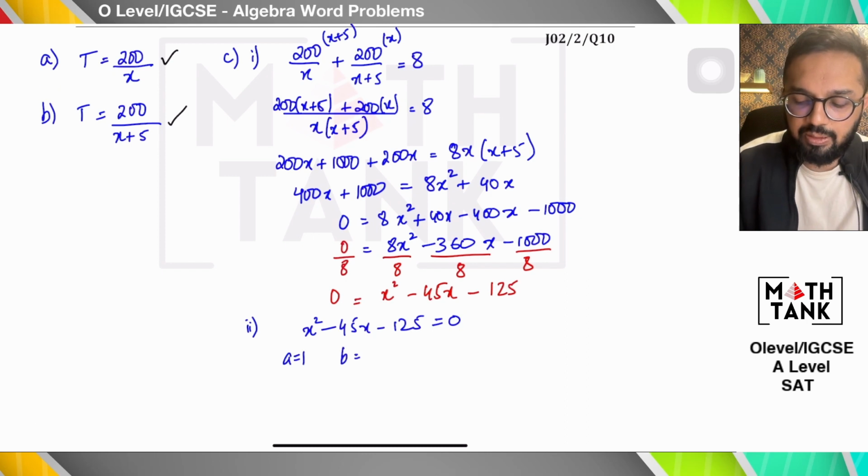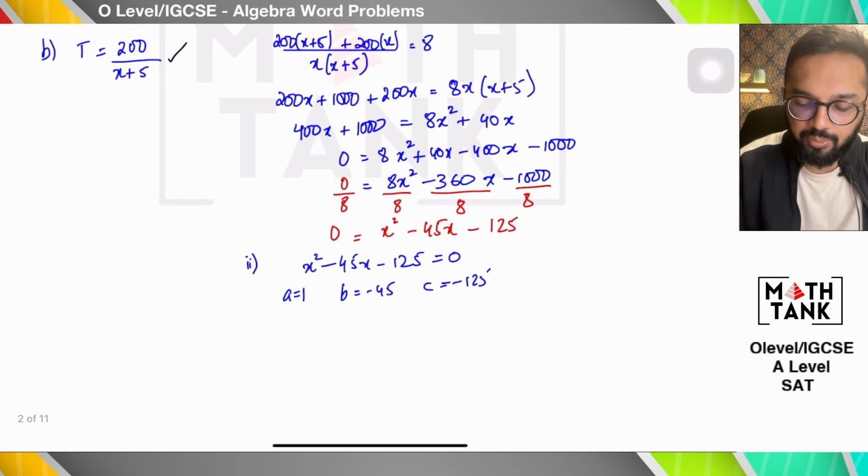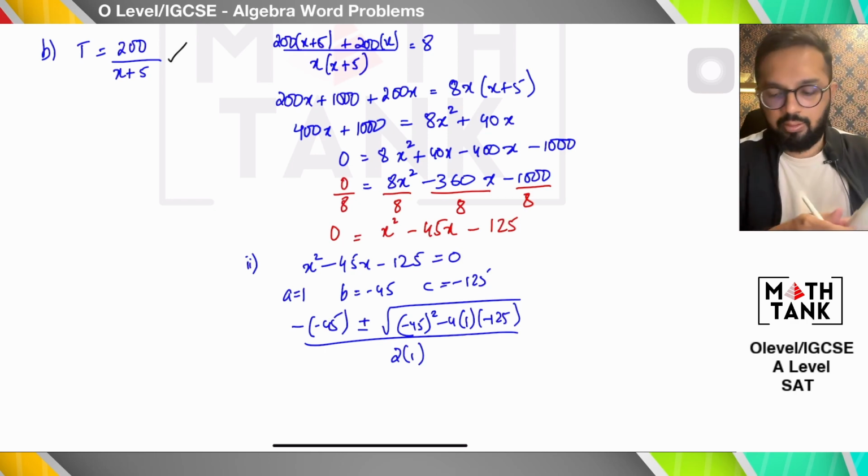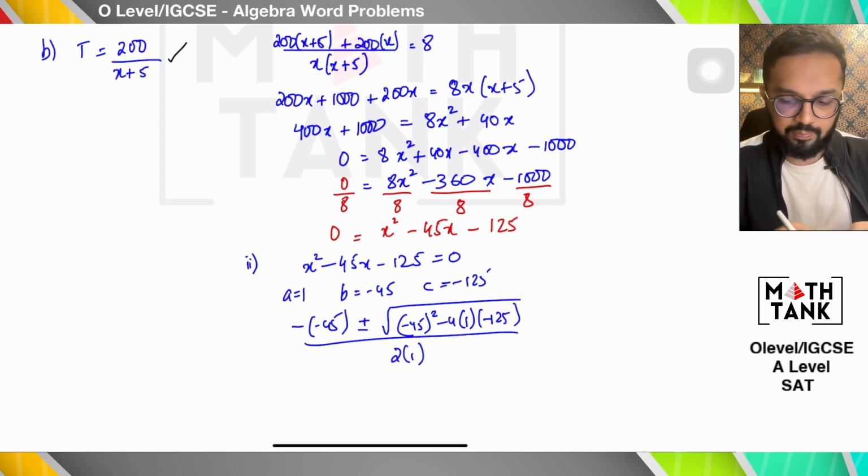So a is 1, b is minus 45, and c is minus 125. So you apply your quadratic formula, minus b plus or minus the square root of b squared minus 4ac, over 2a.